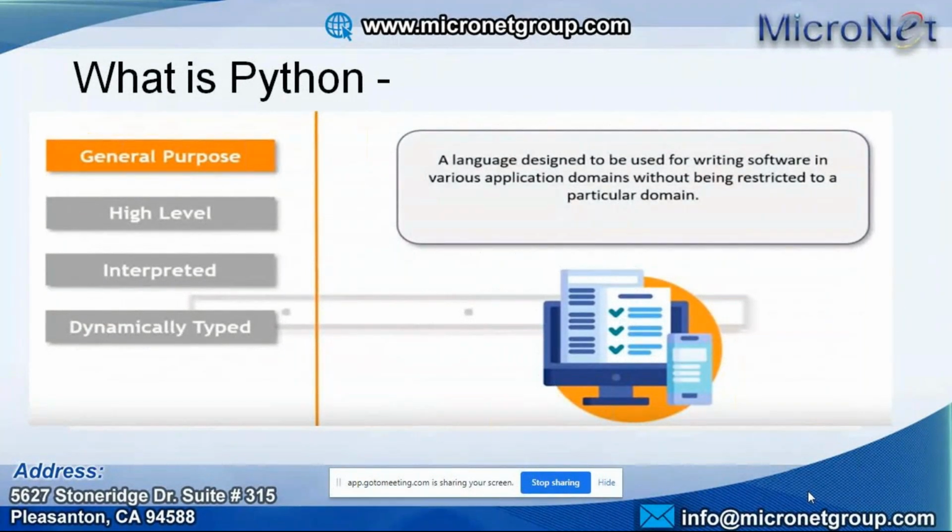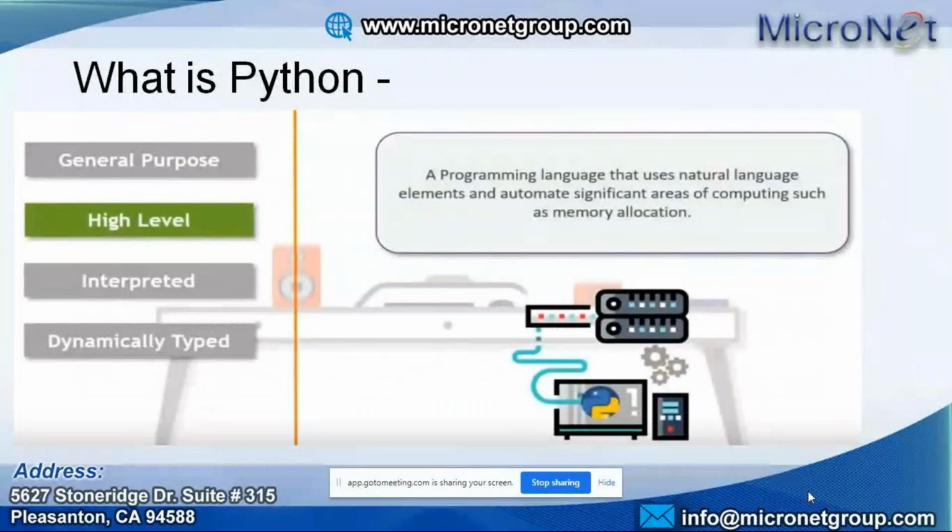Right. So we'll go with high level. What exactly does high level mean? High level means most of the things are abstracted in the background and only the useful things are visible. For example, if you go with the C language, we have something called memory allocation. We have to give external memory instructions. Whereas it is not there in Python, the internal memory allocation happens by itself.